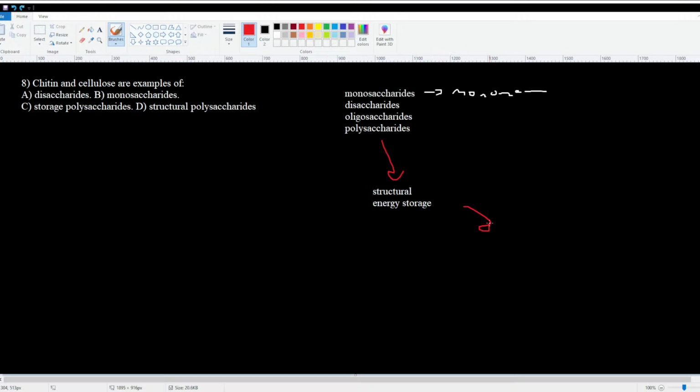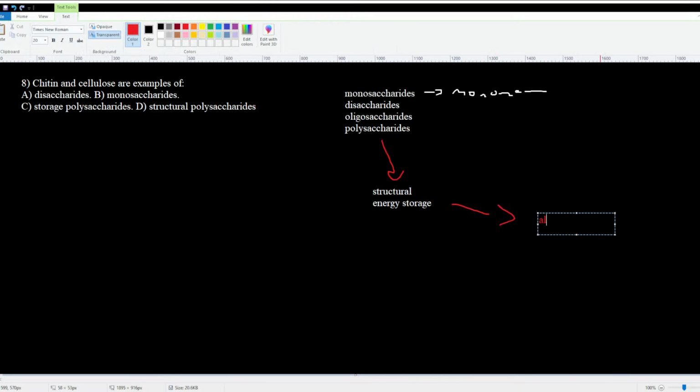And these can translate further to what kind of bonds they have, or rather, what kind of glycosidic linkages they have. So whether that be alpha 1,4 glycosidic linkage, or beta 1,4 glycosidic linkage.